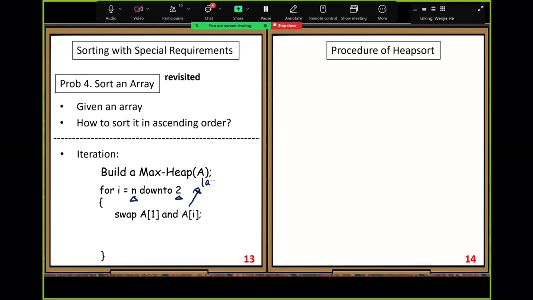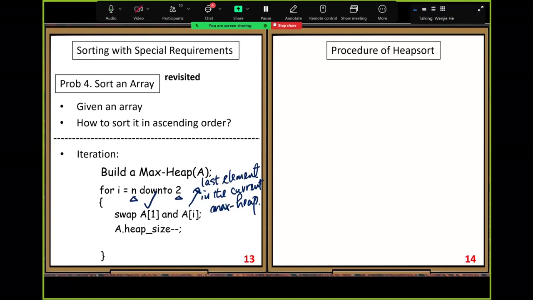It must be a max heap. So we do the swap and put one element in place. After that, we need to fix it.